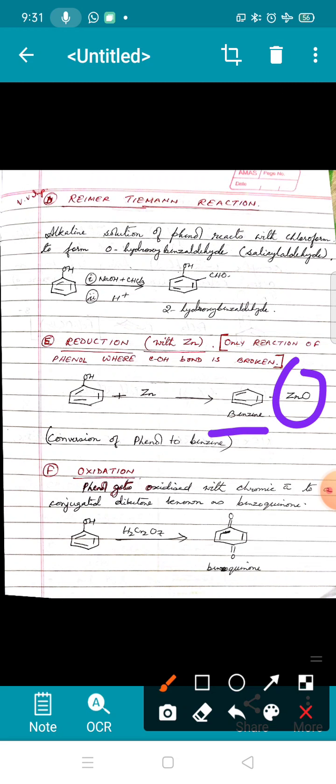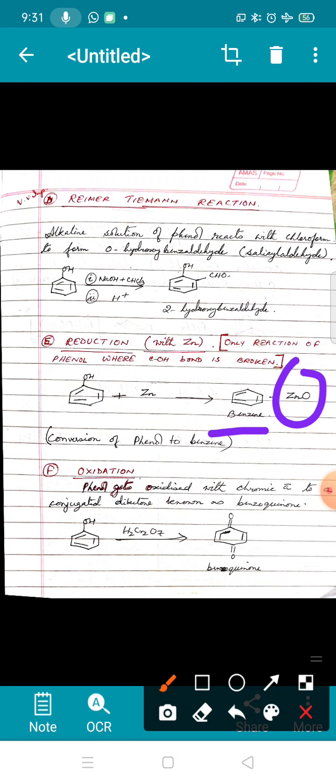Next is oxidation. Phenol, even if you leave it in the atmosphere, turns brown. Phenol as such is a transparent crystalline solid, but if you leave it in the air, it will turn brown because of oxidation. However, here we are using a strong oxidizing agent, chromic acid. In your book, you may find it written as sodium dichromate and sulfuric acid. It gives you the same thing.